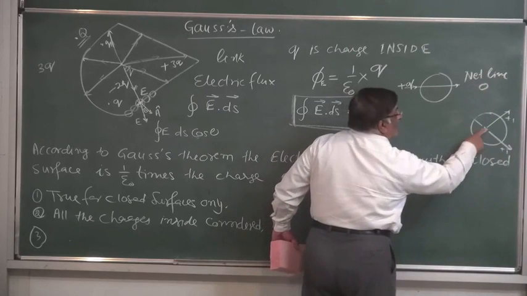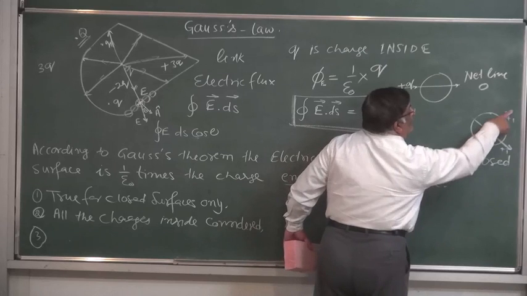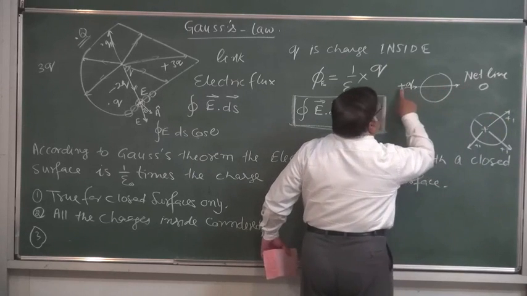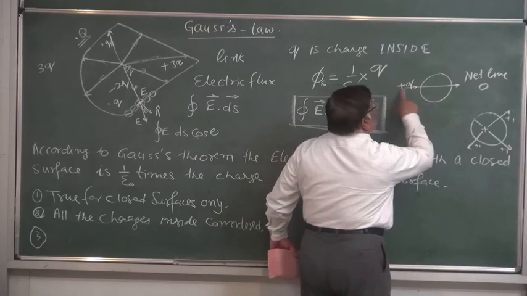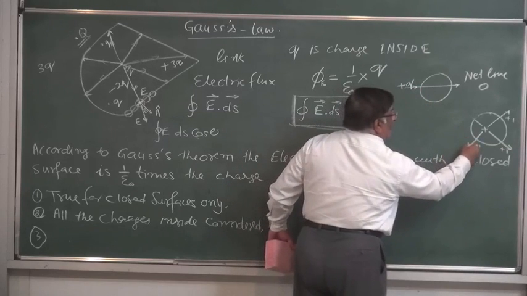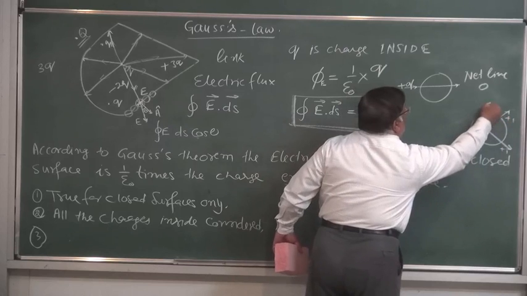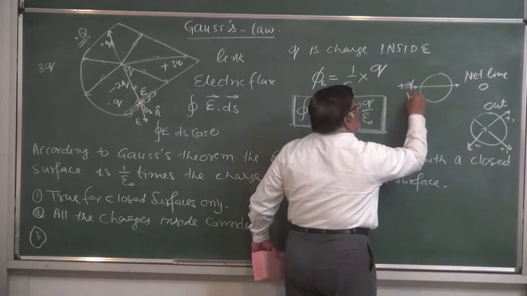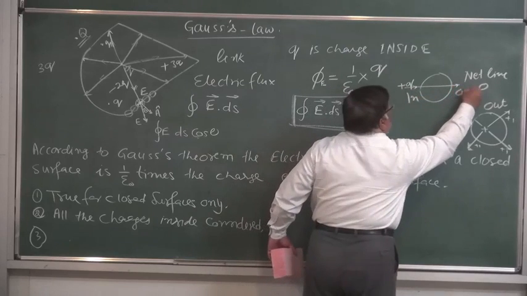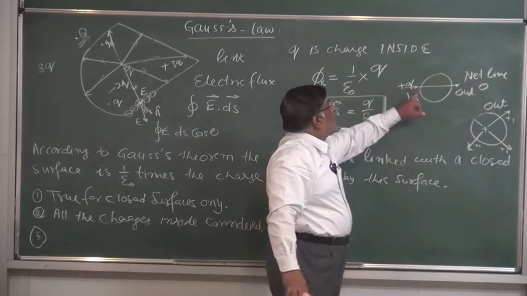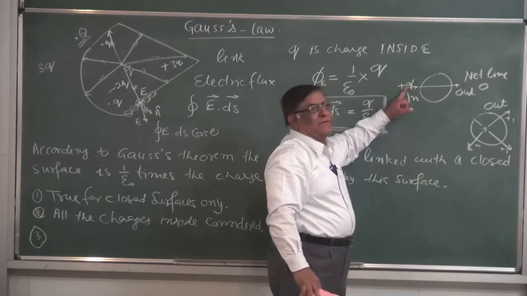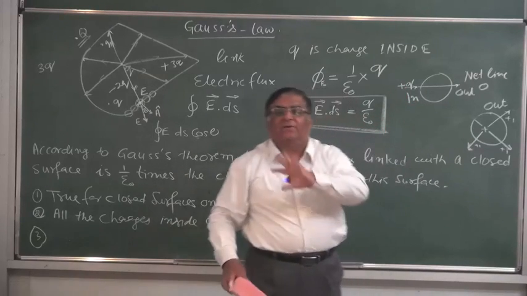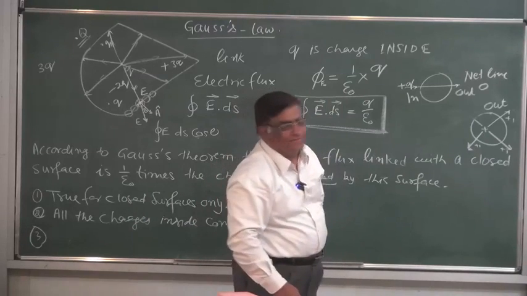Here all are going out, but here this is in, this is out. Therefore, any charge which is placed outside the surface has no net effect on the total flux of the closed surface. Right?